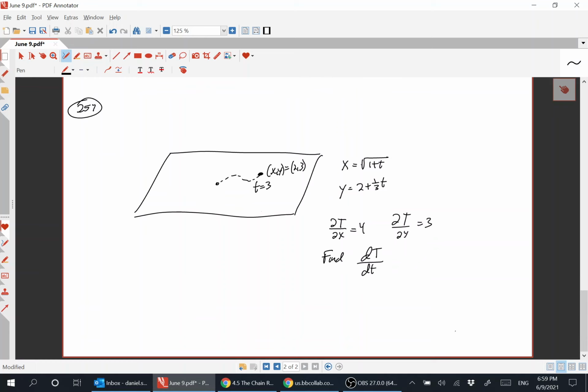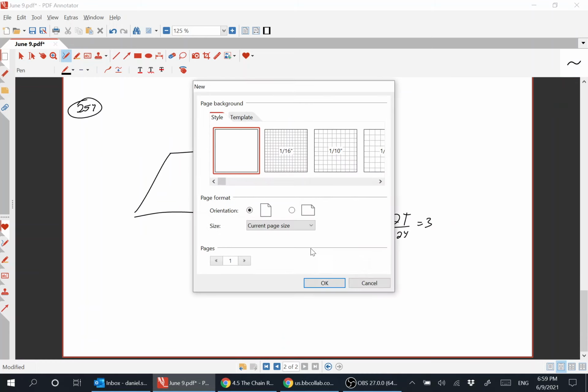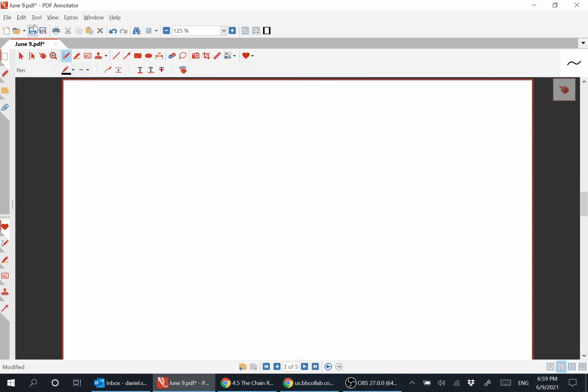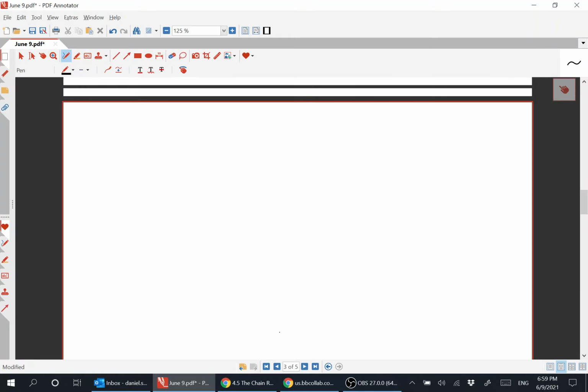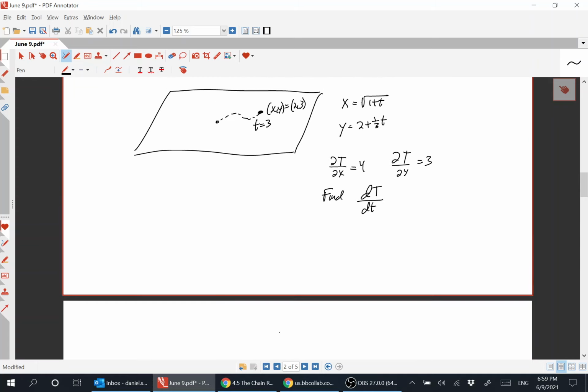Okay, so the chain rule states that, so again, you have a temperature function T that is a function of x and y, which are both functions of t, which are explicitly given right there. Right, and we're going to use that for sure.